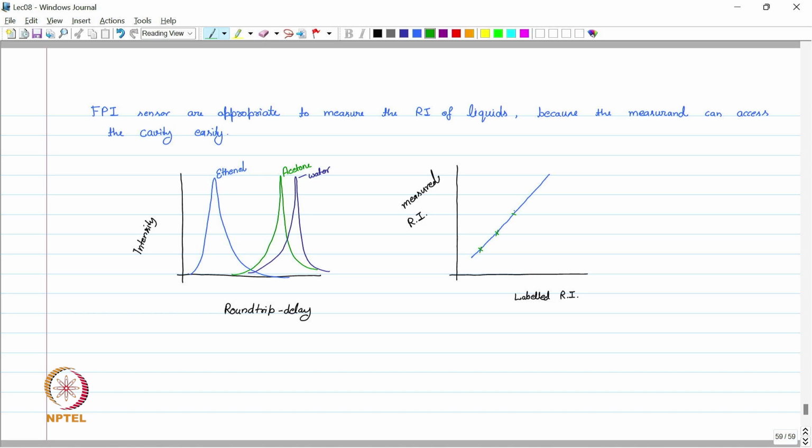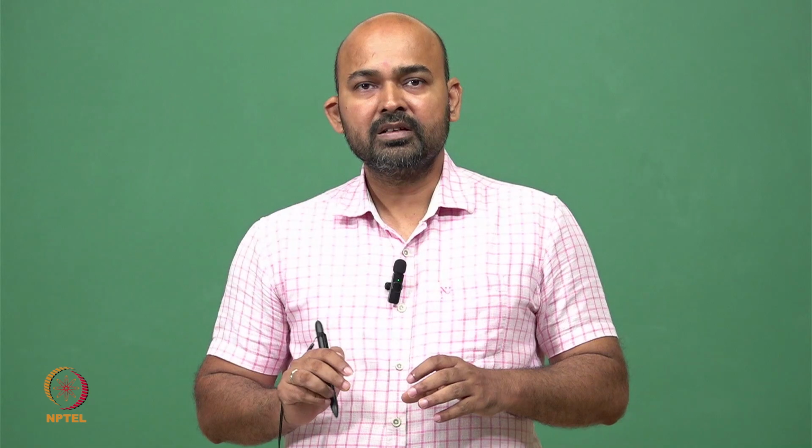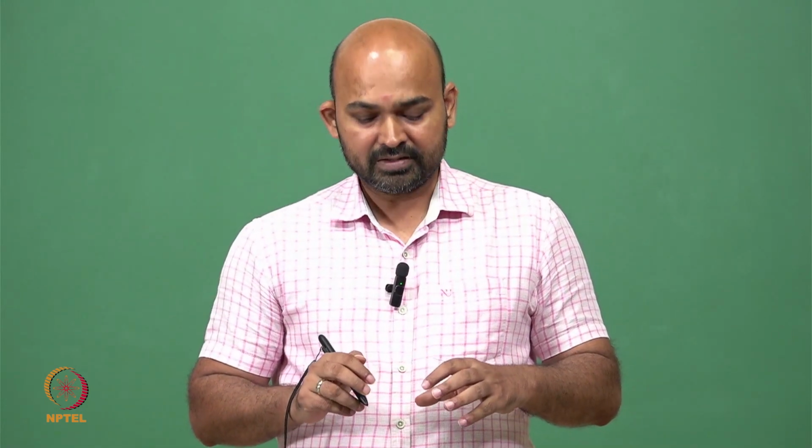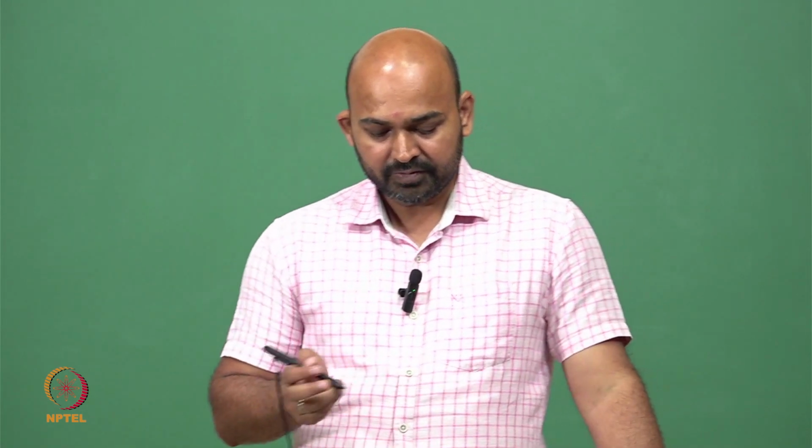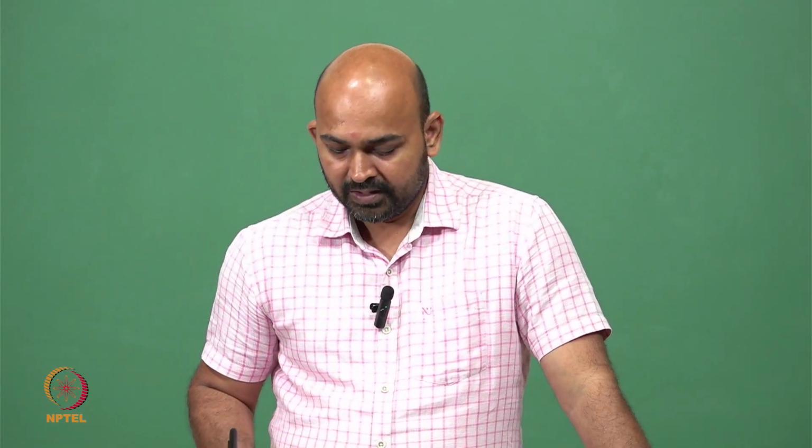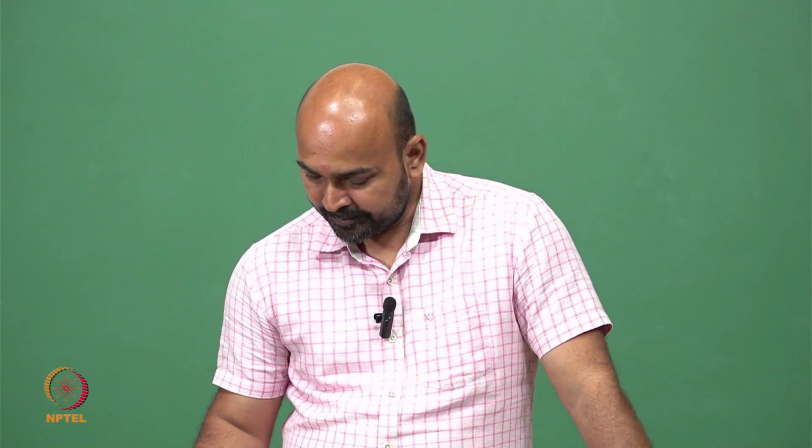Let's say this is the measured data and the blue line is the labeled RI. So we get a very good fit between the measured and the labeled RI, and this FPI sensor can be used as a refractive index meter of liquids. So this is the FPI sensor.